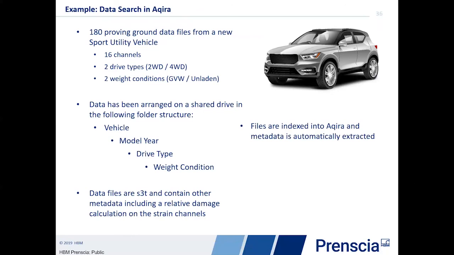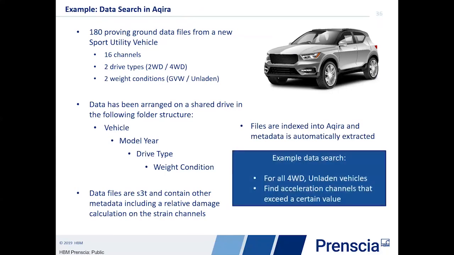We can also extract the location of those files, so we can use the folder structure to create metadata that follows that structure, as well as extracting metadata out of the files themselves, and calculating stats on the fly for data files that we recognize.